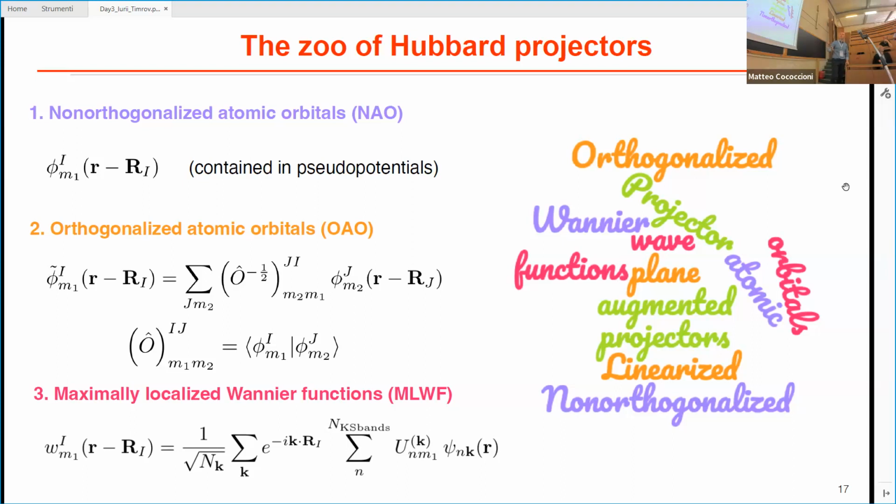These are our new orbitals which are orthogonalized. And finally, on Monday, you learned about maximally localized Wannier functions. So we're also working on implementing this possibility in Quantum ESPRESSO.